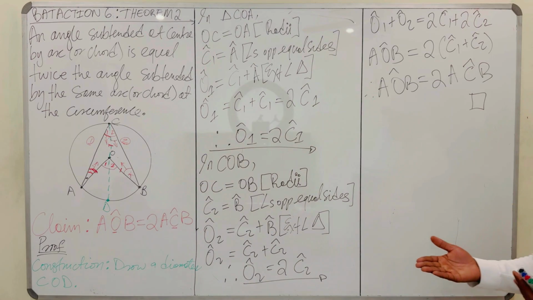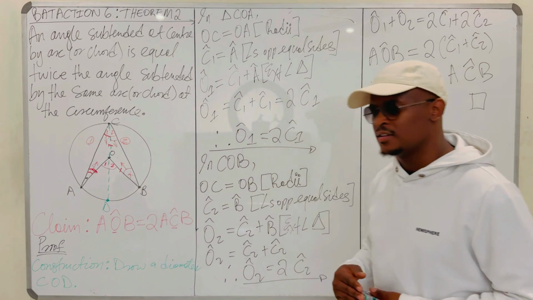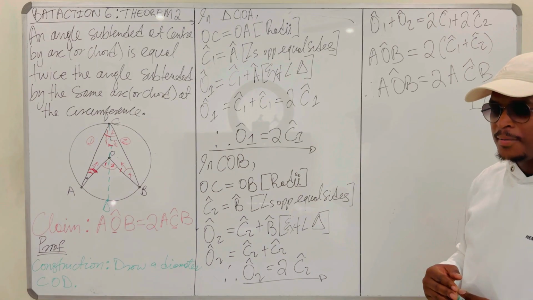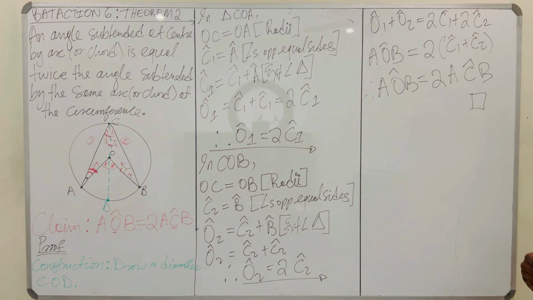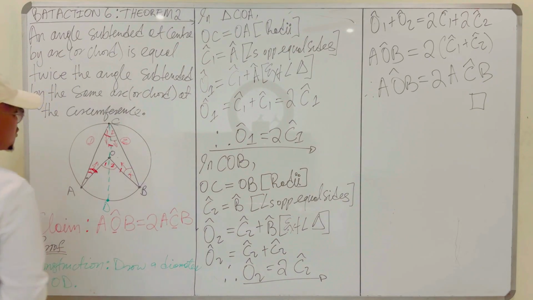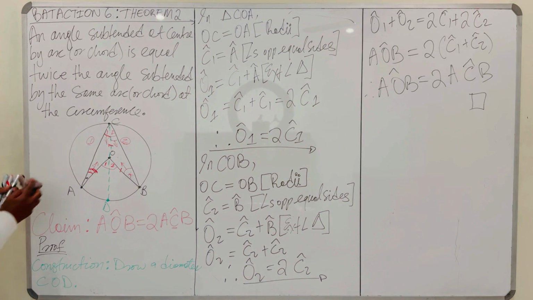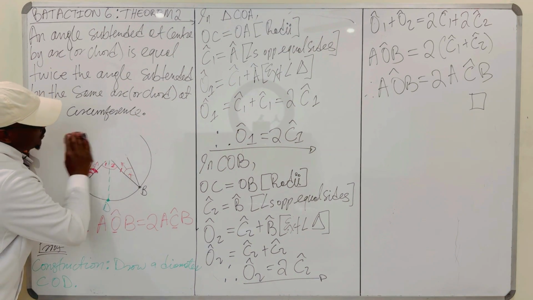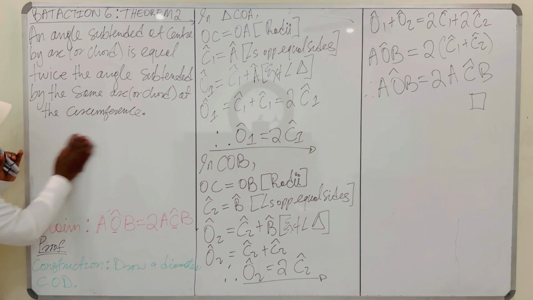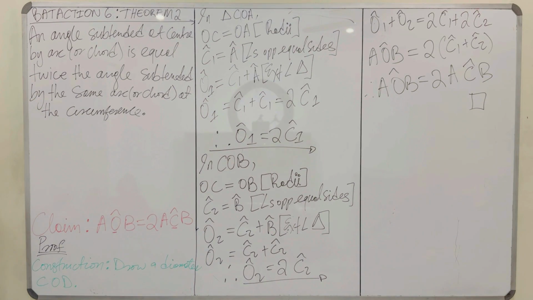For case number 2, I'll just change the drawing. Are you guys with me? Yes. Now let's go for case number 2. I'm not going to clean any of this.